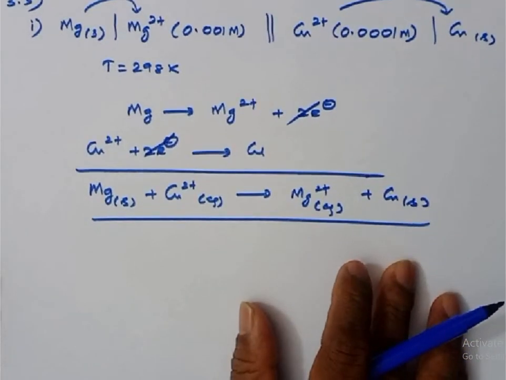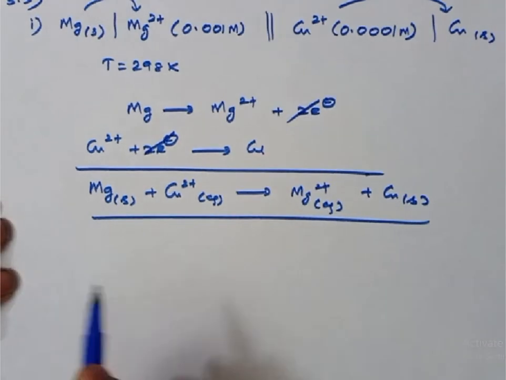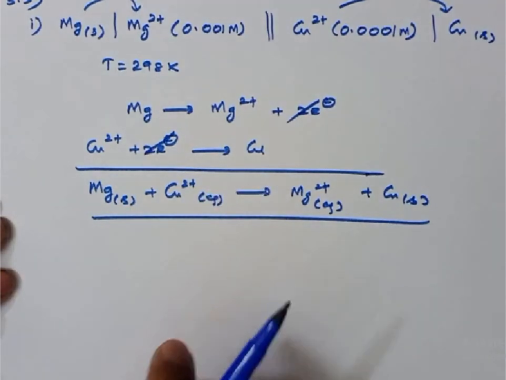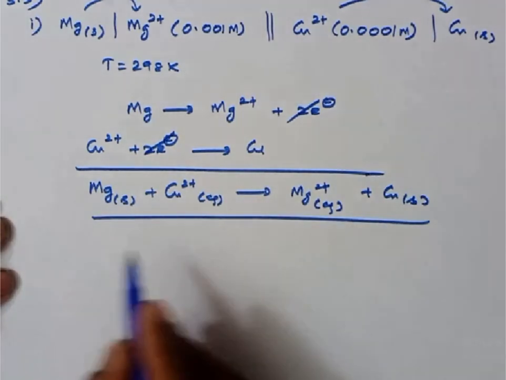Now I am going to write the cell potential for this, but I have told you that before calculating the cell potential, first you should calculate E naught cell. Okay, so what's the E naught cell? First I'll write the Nernst equation, then I'll tell you why we need to calculate E naught cell. See, what is the Nernst equation for this?